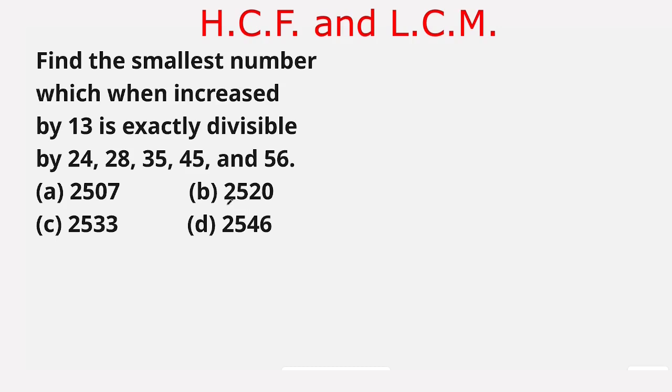Now if we add 13 to 2520, it will become 2533. 3 plus 3 is 6, 6 plus 5 is 11 plus 2 is 13, and 13 is not divisible by 9. So option B is not our answer.